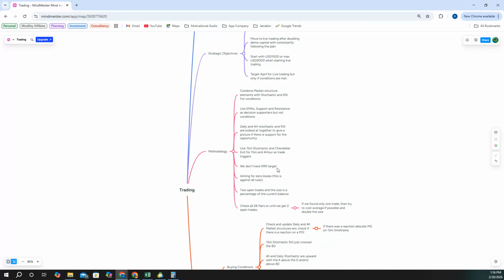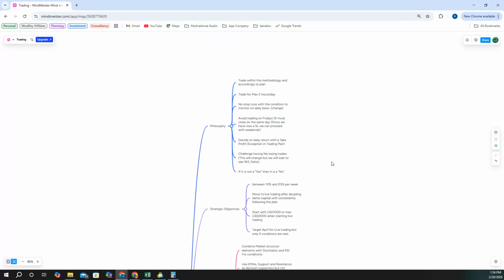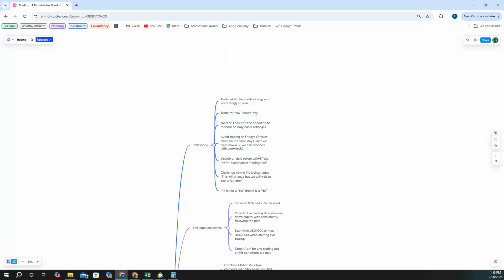In the methodology, we don't have RRR. Okay, so now this is off, and we talked about how now we're including a stop loss in our trading. Avoid trading on Fridays. Because of this, we might now not have this rule. I need to think about it yet.